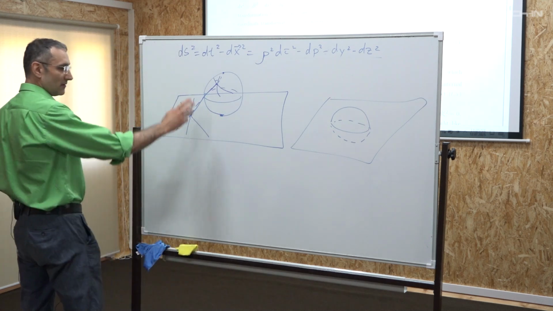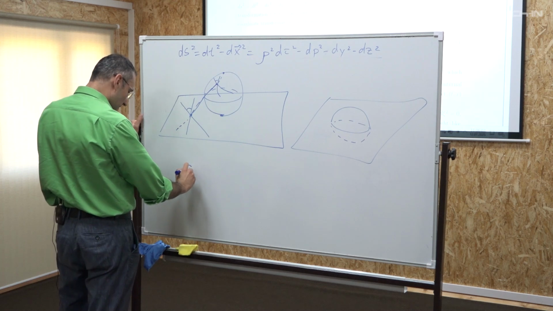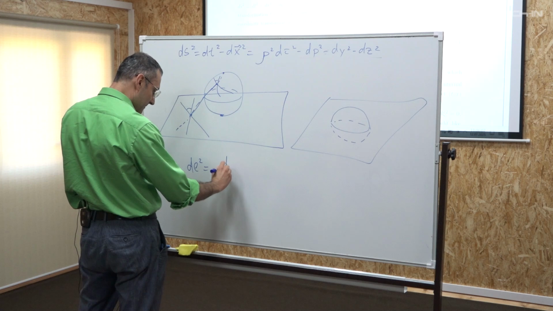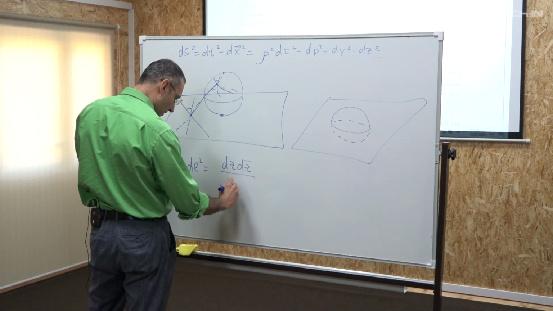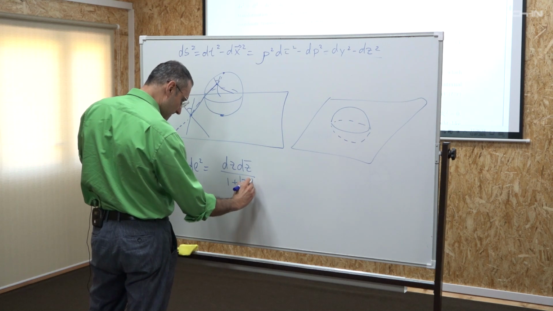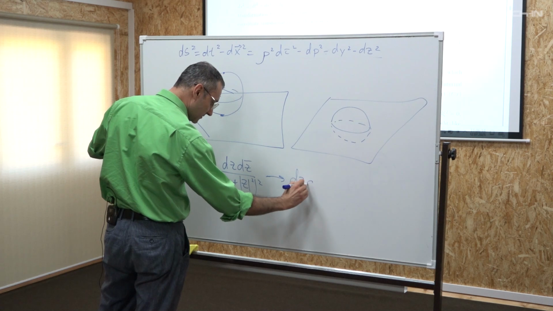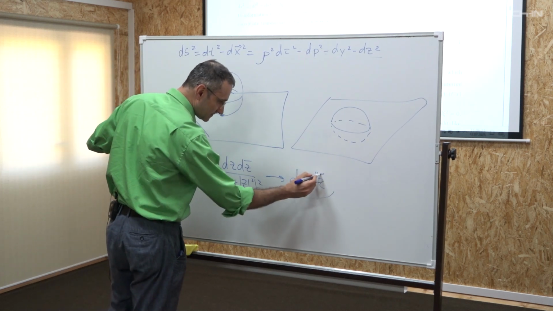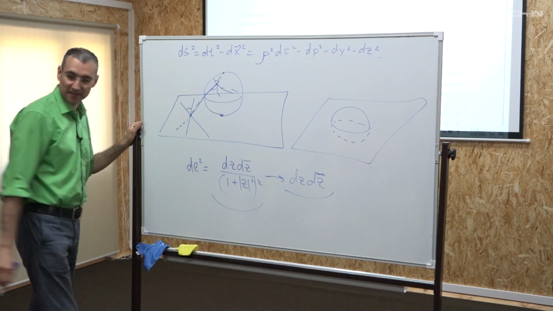I don't remember which one of those corresponds to the conformal map that I'm going to do. The conformal map is the following thing. You essentially map dz dz bar to 1 over 2 dz dz bar. So this is non-compact space, plane, and this is compact space, sphere.